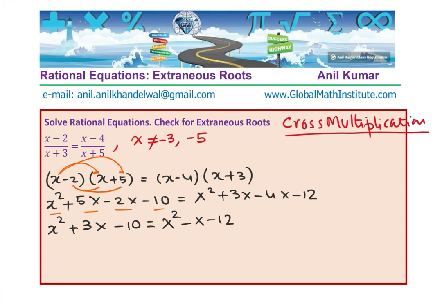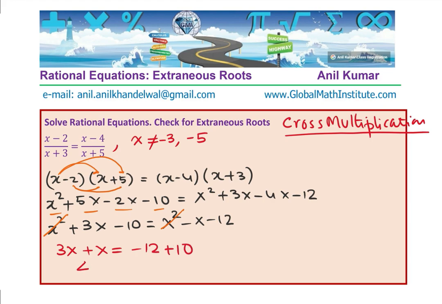Correct? Now we can bring all the terms together and solve. You see x squared equals x squared minus this, so you can cancel x squares from both the sides, right? And then bring the terms together. So I'll prefer to bring the variables on the left hand side. So I'll write this as plus x and the constants to the right hand side.